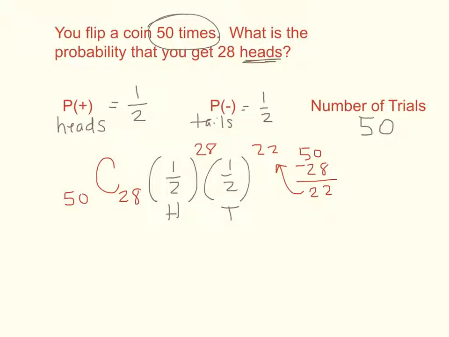We'll multiply by 50C28, and then the probability, 1/2 to the 28th times 1/2 to the 22nd. This can be done all in the calculator, as long as you remember to put a multiplication symbol between the combination and the first probability. And if you're using fractions, make sure the fractions are in parentheses, same as when you write it.